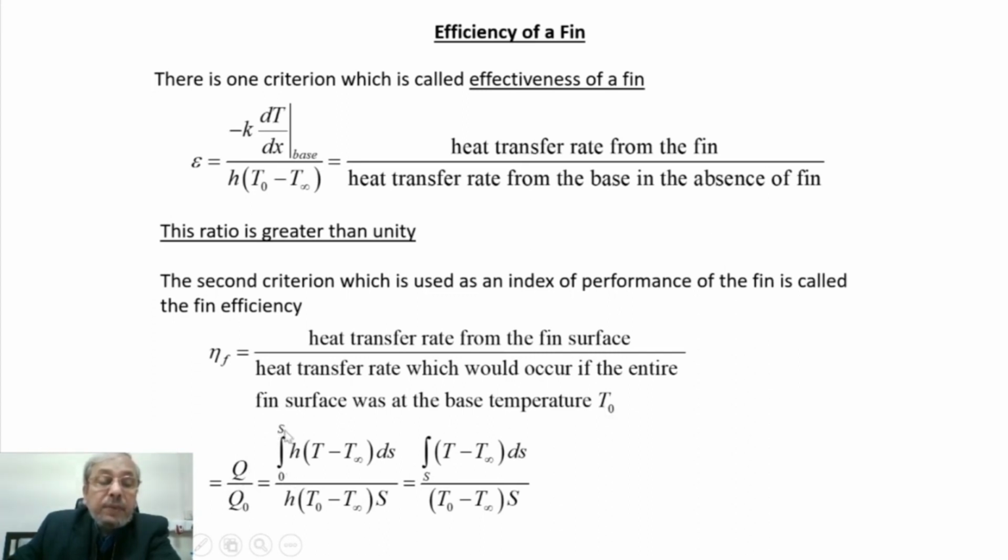We perform the surface integral over the surface, h into (T minus T infinity) dS, divided by h into (T naught minus T infinity) into S. The difference is that here the integration has to be performed because T is a function of x. That means with the surface it changes in the x direction, but here it is constant throughout: h(T naught minus T infinity) multiplied by S, the perimetric area.